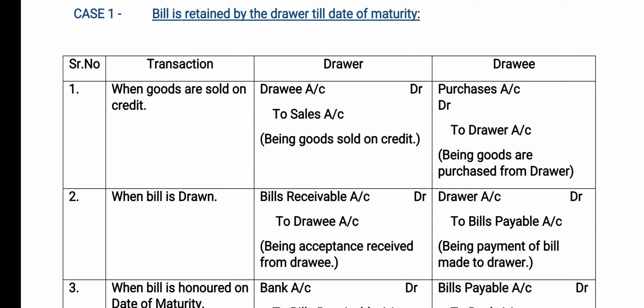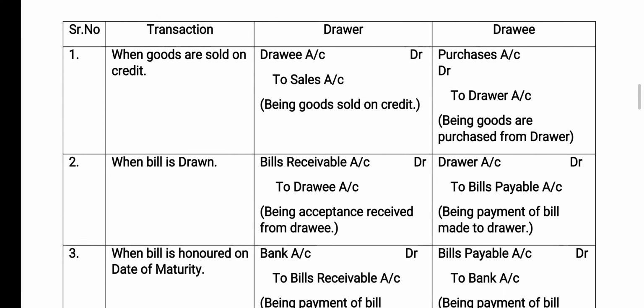Then the second one: debit the receiver, credit the giver, that is for the personal account. And the last one: debit all expenses and losses, credit all incomes and gains, that is for your nominal account.